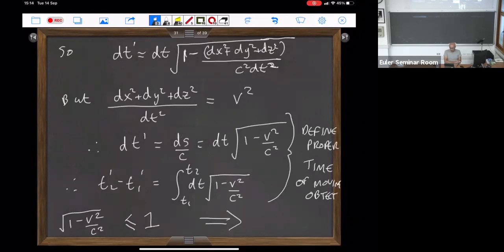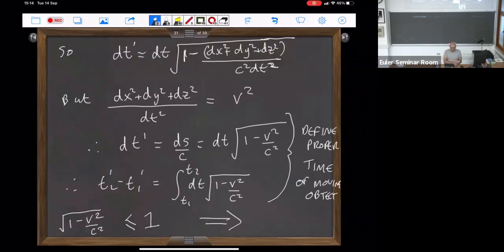But the point is that dx by dt would be the velocity in the x direction, dy by dt the velocity in the y direction, and dz by dt the velocity in the z direction.